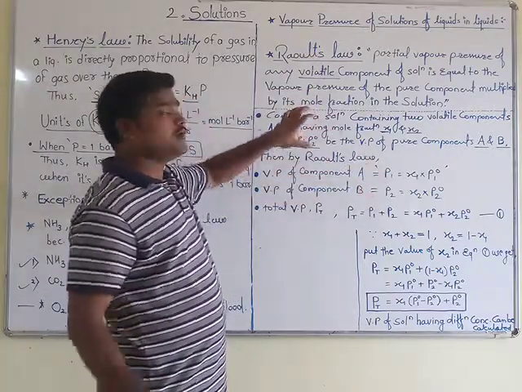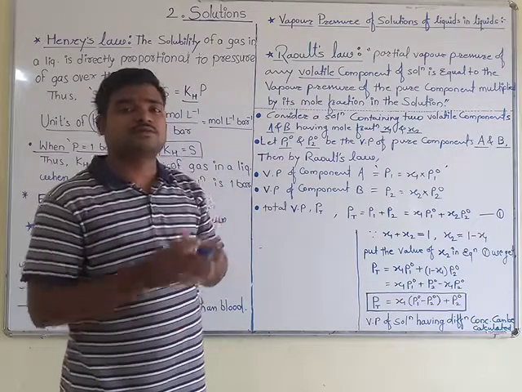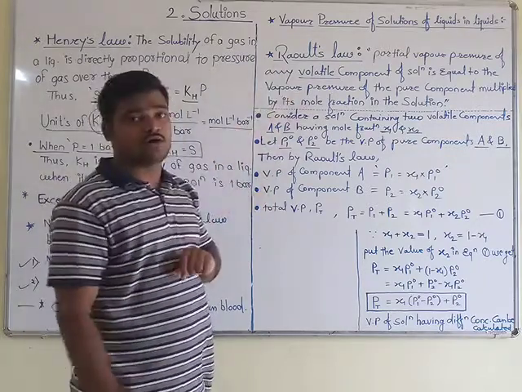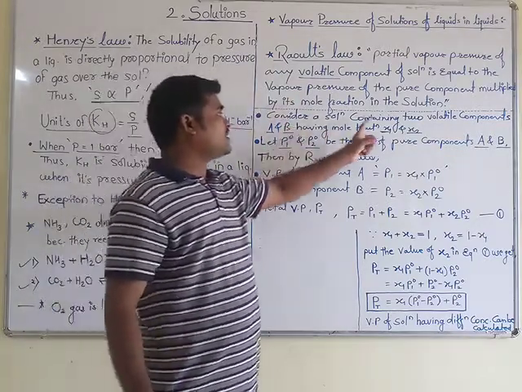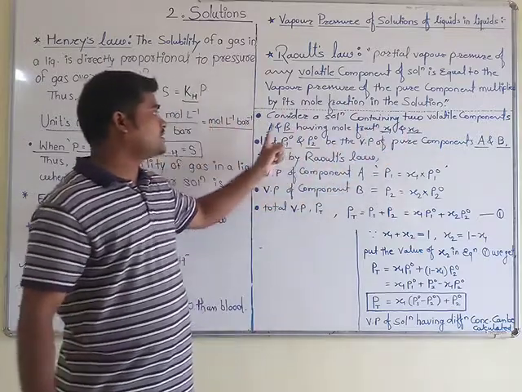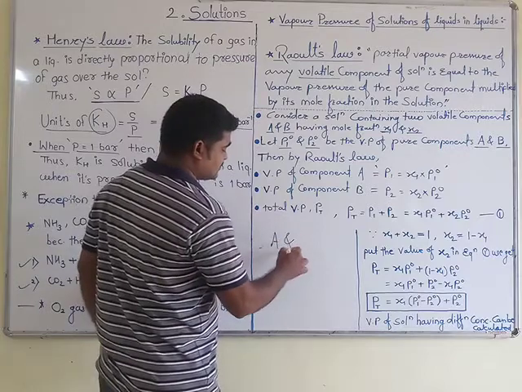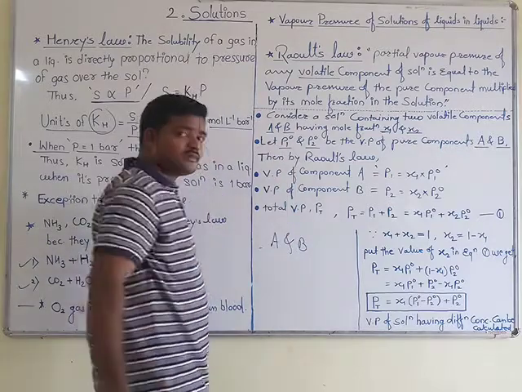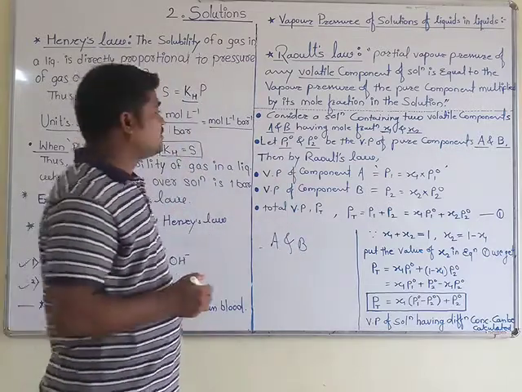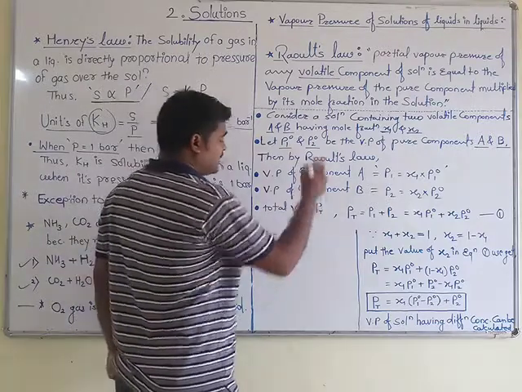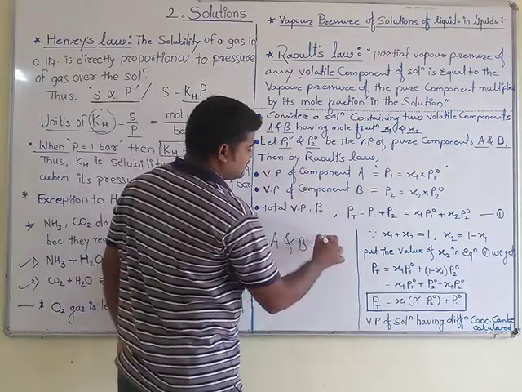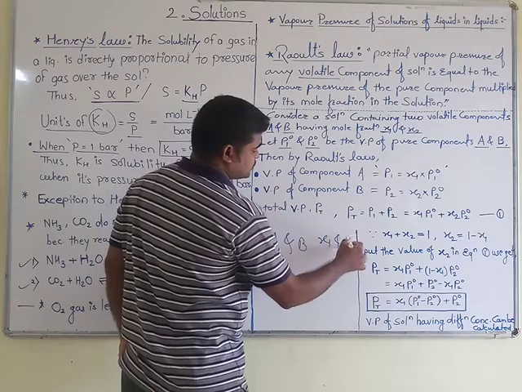Now we have considered an experimental setup for this Raoult's law. Consider a solution containing two volatile components. Those volatile components I have considered as A and B. Now look here, I have underlined those components A and B, and their mole fractions are X1 and X2.